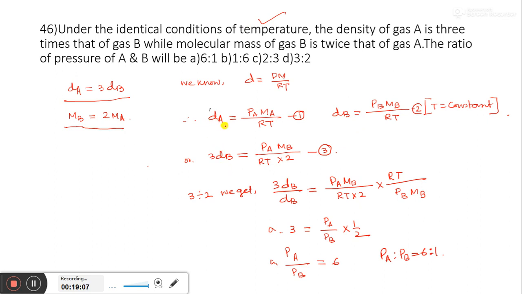Now in place of dA we put 3 dB, so 3 dB equals Pa, and in place of Ma we can write Mb by 2, over RT. By dividing, with 3 by 1/2, we get Pa by Pb equal to 6. So Pa to Pb is 6:1. So option A is the correct one.